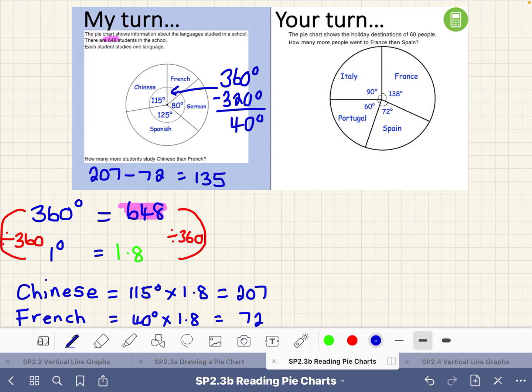The pie chart shows the holiday destinations of 60 people. How many more people went to France than Spain? Our first step is to work out how much 1 degree is worth. So we have 360 degrees is equal to the 60 people in the survey.